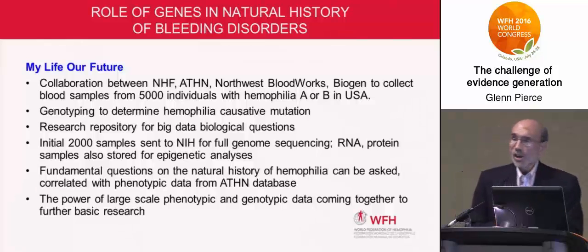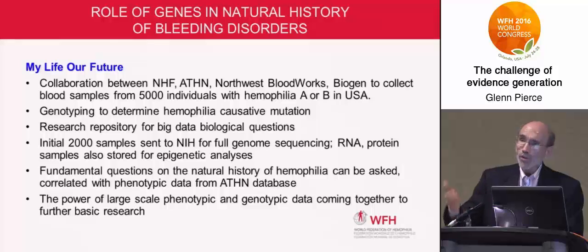I'd like to now give an example of genes in looking at the risk of sequelae to bleeding disorders and describe a program that is a collaboration between the U.S. National Hemophilia Foundation, the American Thrombosis Hemostasis Network, which is the database organization in the United States, Northwest Blood Work, which does DNA work, and Biogen, to collect blood samples from 5,000 individuals with hemophilia A or B in the United States.